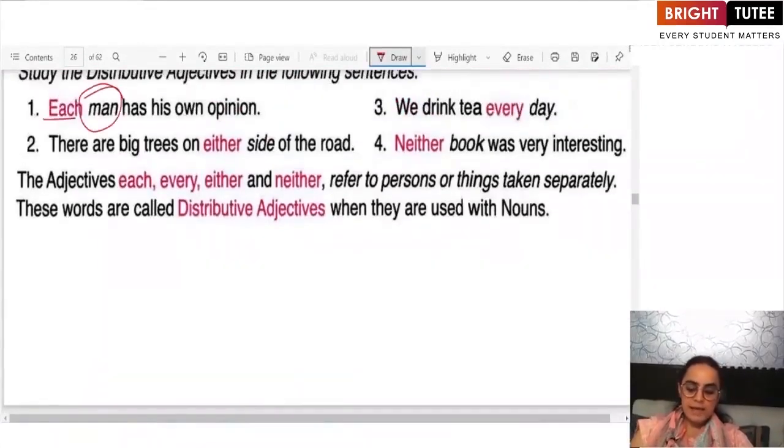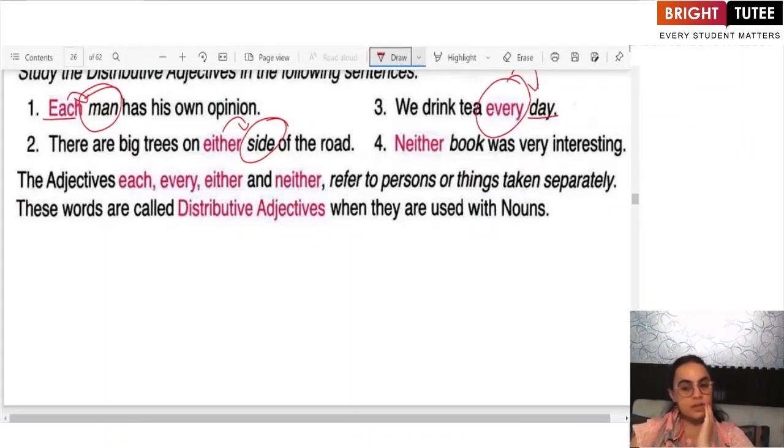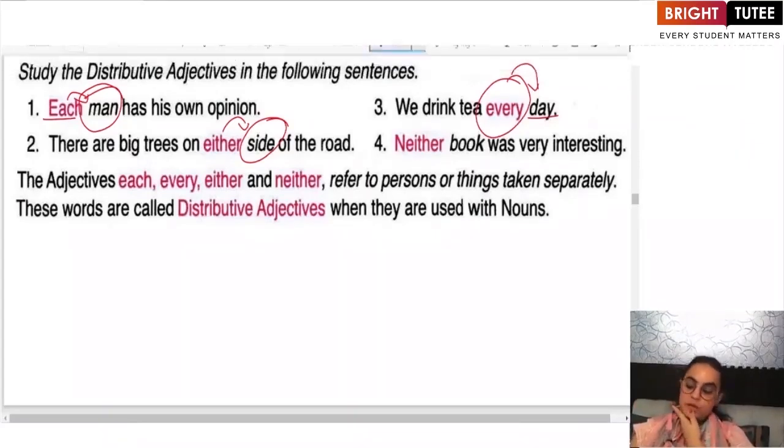Each man has his own opinion. Each is used with a noun, so it is an adjective. There are big trees on either side of the road. Again, either is used with a noun. It is an adjective. We drink tea every day. Every is used with day, which is a noun, so it is an adjective.